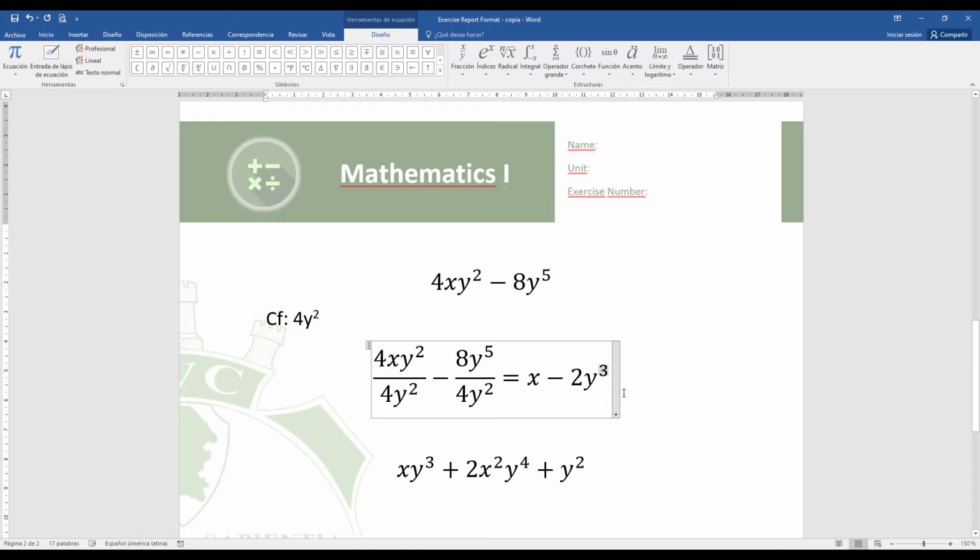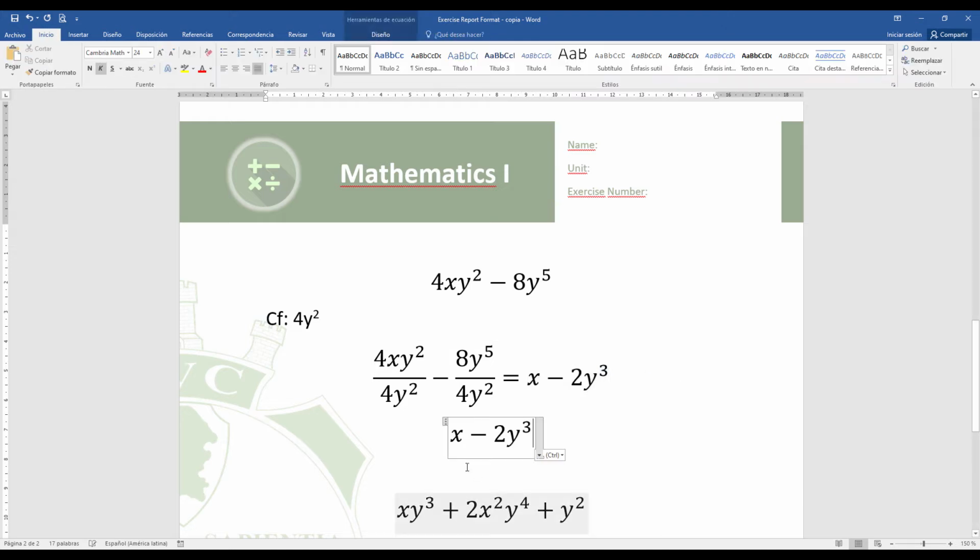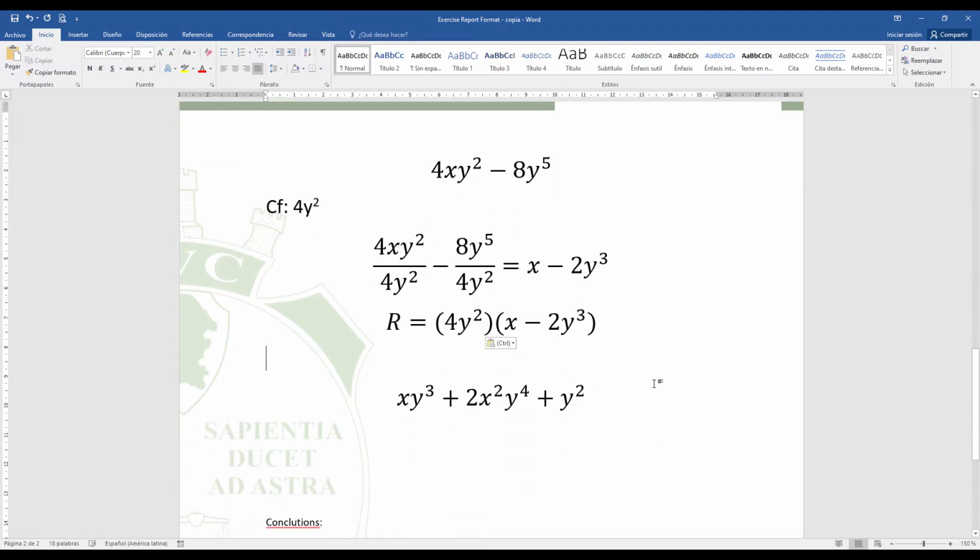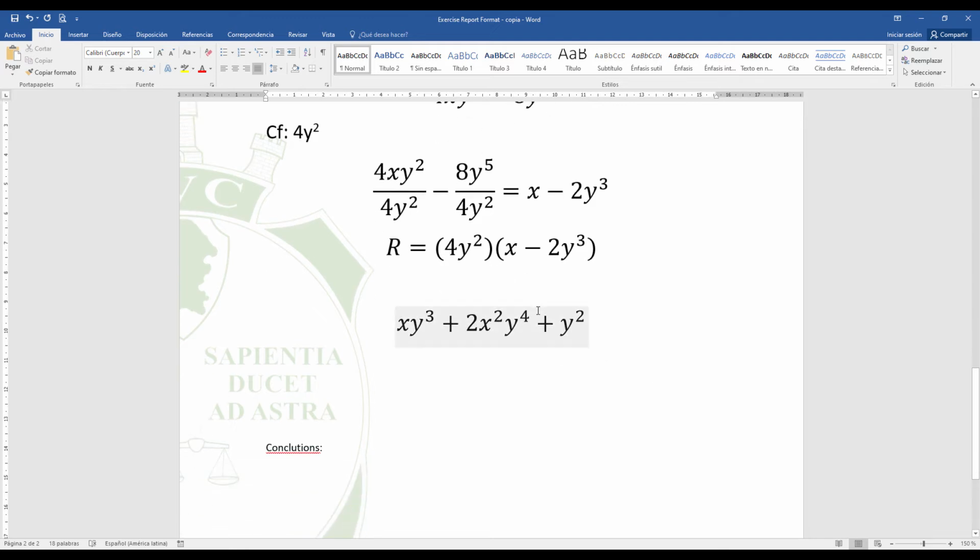Okay, and remember the result of that factoring is the multiplication of the result of the division by the common factor. Okay, last one.